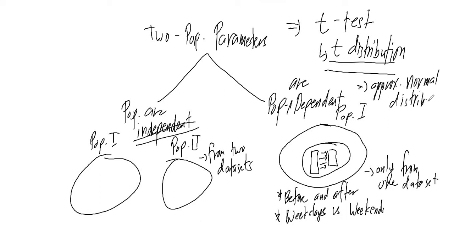So, if the populations are large enough, then the t-distribution will really approximate the normal distribution. If it's not big enough or smaller than 30, then the t-distribution itself will be enough, as it has similar properties to the normal distribution.